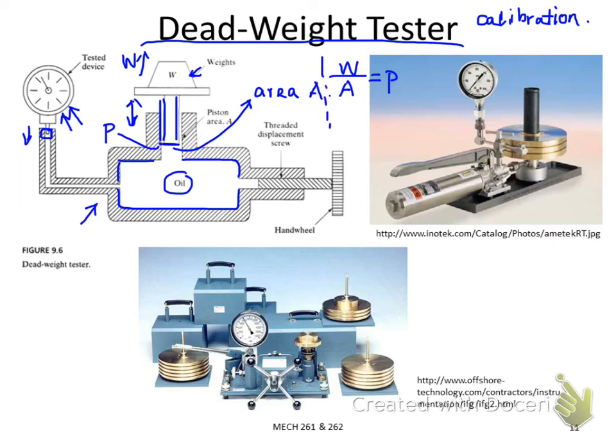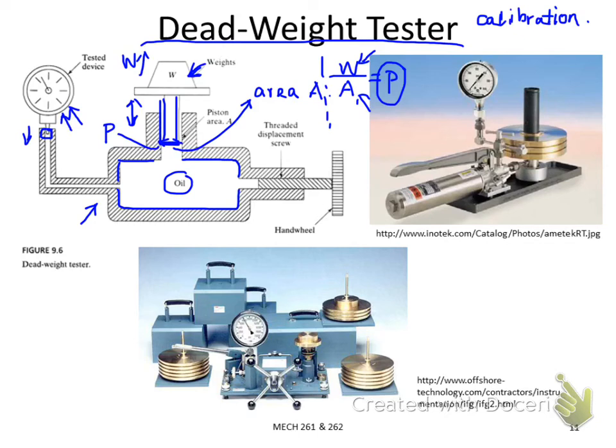So let's separate it. You can see the cross-section area, if the piston is usually a circular shape, so we can use a lathe machine to machine the piston diameter to be very accurate, and also we can accurately calibrate or measure the weight we apply. So both parameters we can control very accurately, so that we can control the pressure at this interface very accurately.